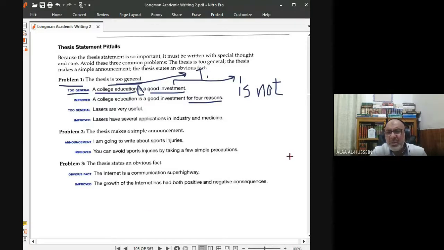Can you tell me where's the topic? Can you write the topic specifically? Where is the topic? Lasers. Lasers. Excellent. Lasers. Where is the controlling idea? Where's the controlling idea?